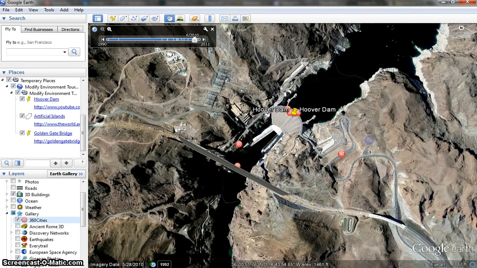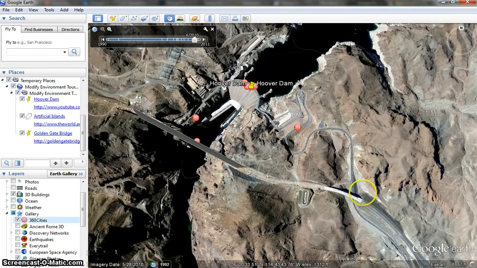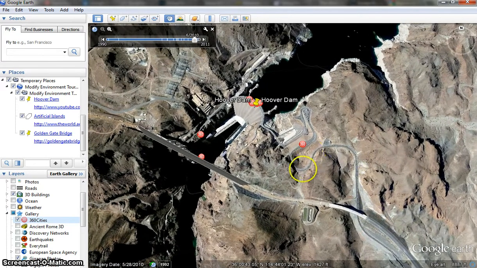And when I was a kid, I grew up in Arizona, and my mom had some relatives who lived in Nevada. And so every year or so when we would go up to Nevada to visit them, we would have to come all the way down around here through these curvy pathways, across the dam, up around again, back across. And it took a long time.